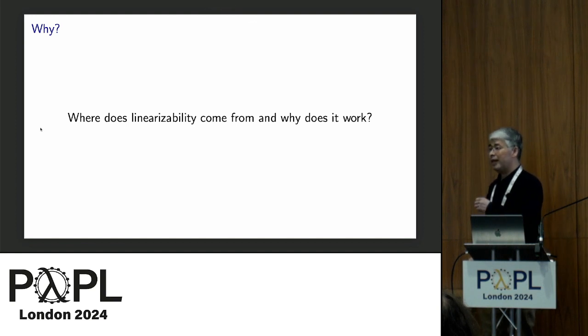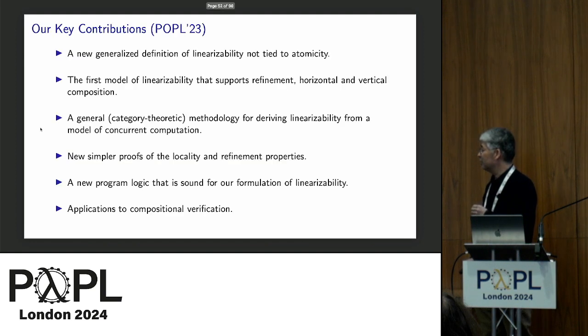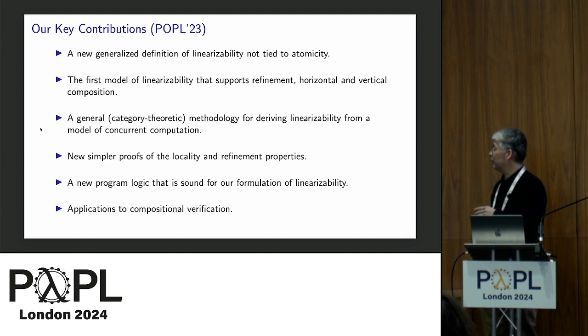And of course, linearizability is always something that we learn in the OS class, and you thought, wow, how could people come up with such a deep concept, but it's not clear where it comes from, right? So it's a puzzle. So this is the work we did. We try to generalize the definition. We show that linearizability does not necessarily tie to atomicity. It works for any kind of specifications. And we provide a first model of linearizability that supports refinement, horizontal, and vertical compositions.